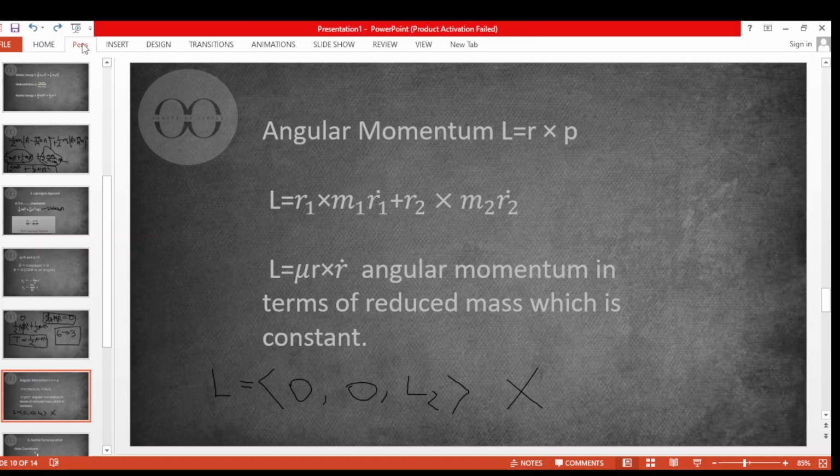As our objects were in the xy plane, the angular momentum component will be perpendicular to the plane, which is the z component. So right now we have 2 degrees of freedom, which are x and y.